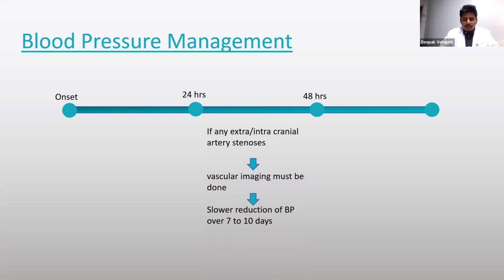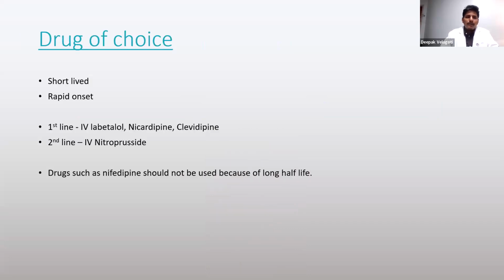And even after starting antihypertensive medication, we reduce the blood pressure slowly over 7 to 10 days. The drug of choice for the antihypertensive medication should have the characteristics of short half-life and rapid onset. The first line drugs that are used to reduce blood pressure are IV labetalol, nicardipine, and clevidipine, and the second line drug is IV nitroprusside. And drugs such as nifedipine should not be used because of the long half-life.